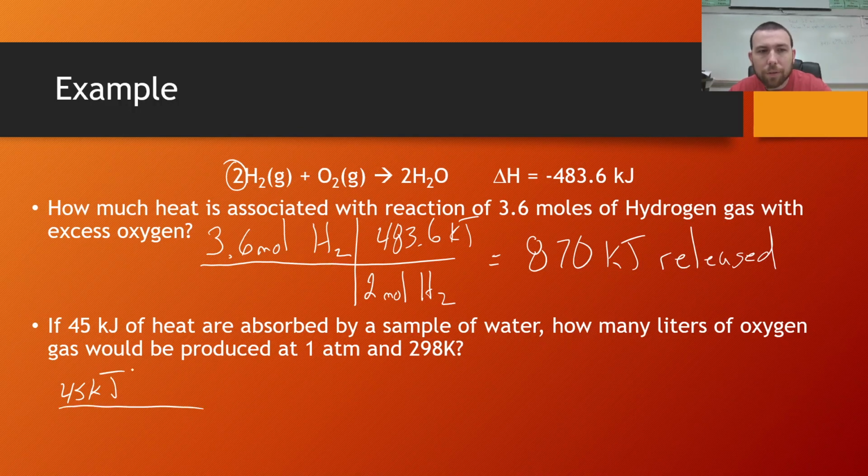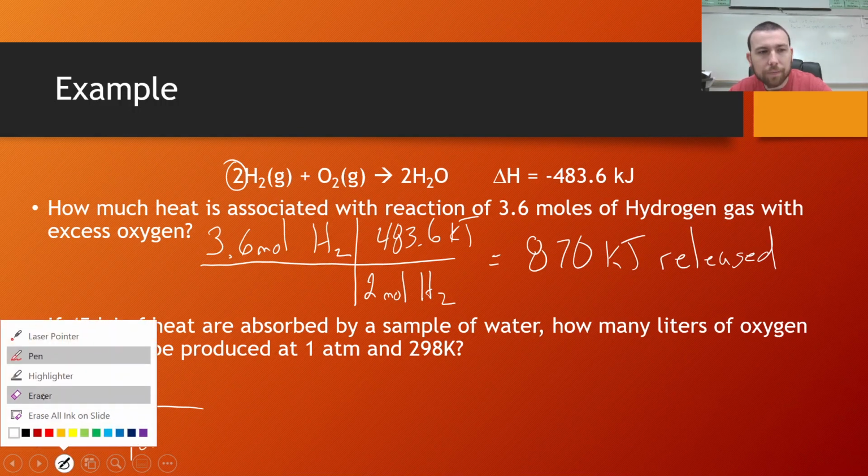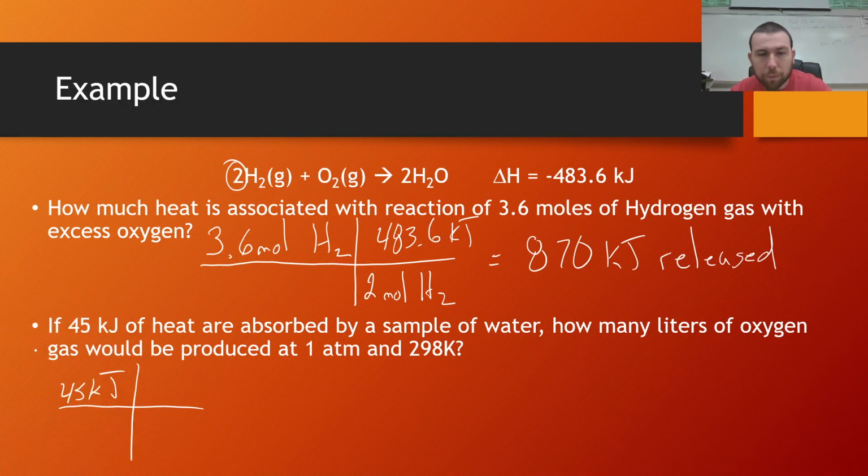And I know from this reaction that the amount of energy absorbed here corresponds to 483.6 kilojoules of heat that needs to be absorbed to help break down 2 moles of H2O, right?